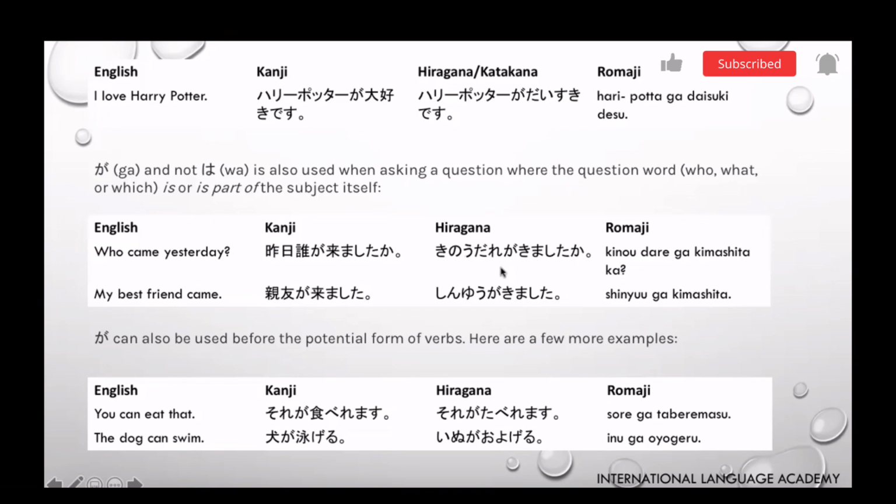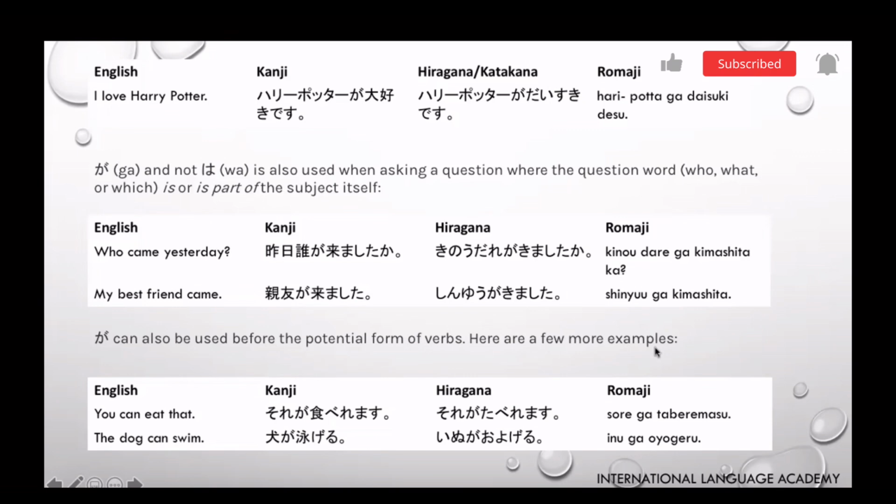Who came? In here we can use が next to the question word, and we can use が next to the answer directly. 親友が来ました。が comes after the answer, 親友.